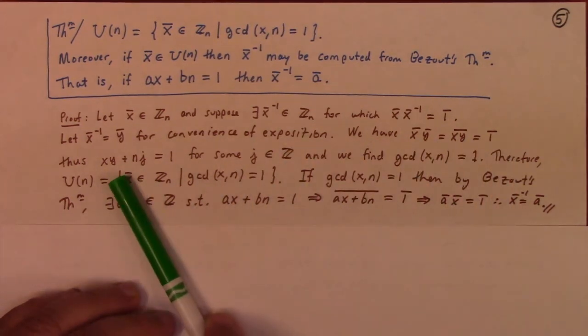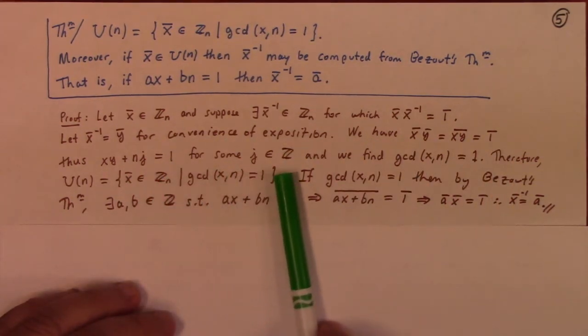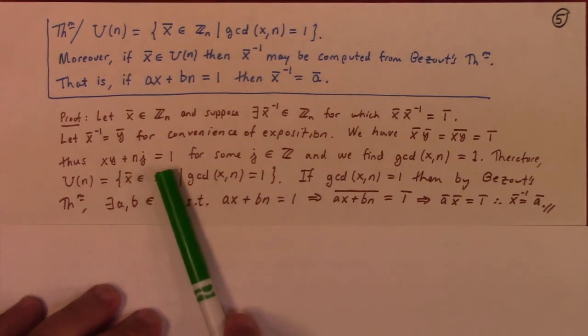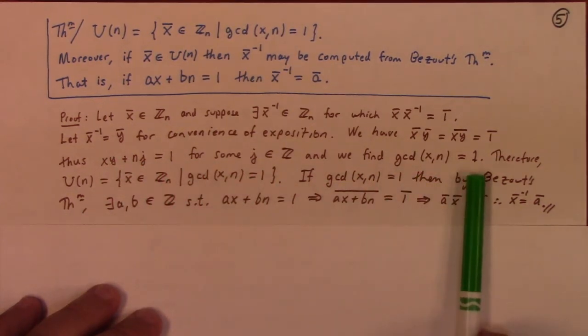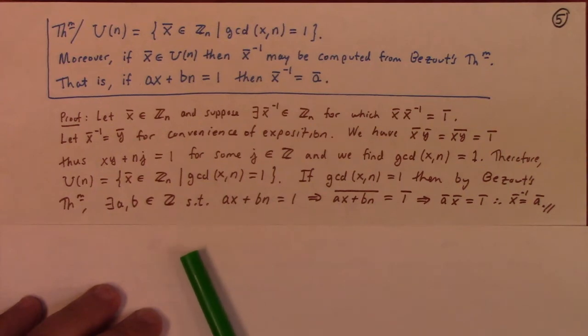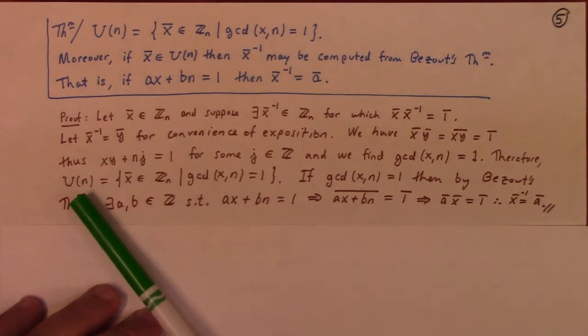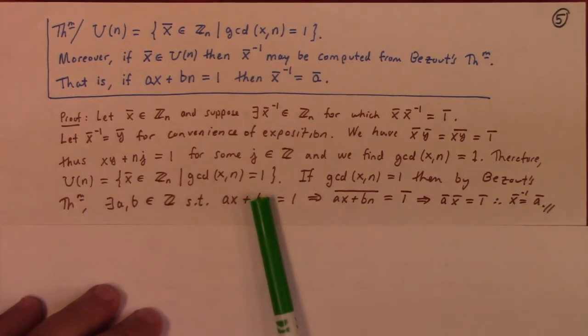That means that xy plus nj is equal to 1 for some integer j. And remember, if we have an integer linear combination of x and n being 1, that means that x and n are coprime from our earlier work. So there you have it. If x bar is a unit, then it must be that x and n are coprime.